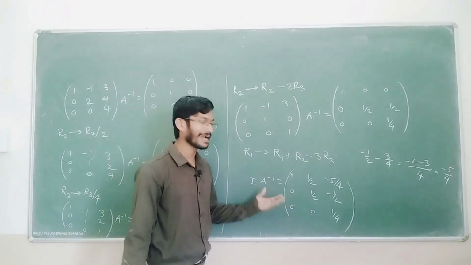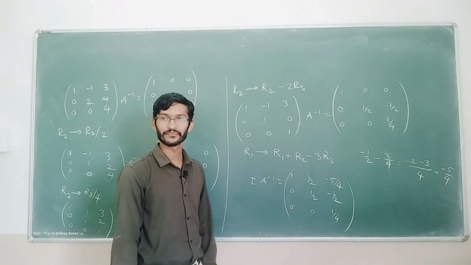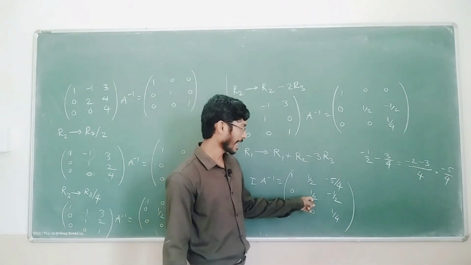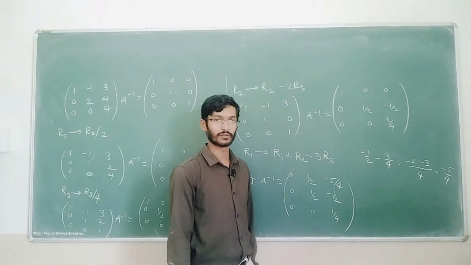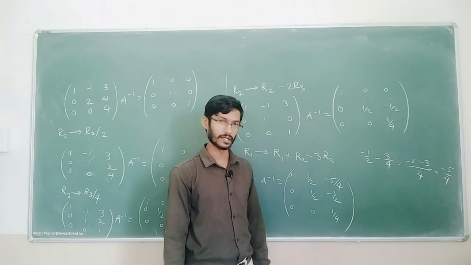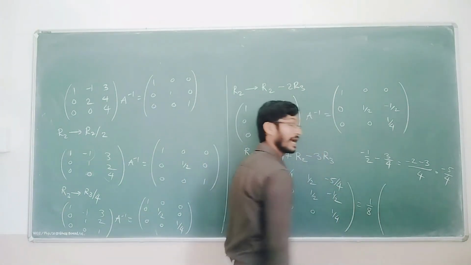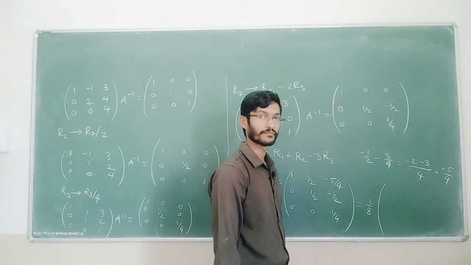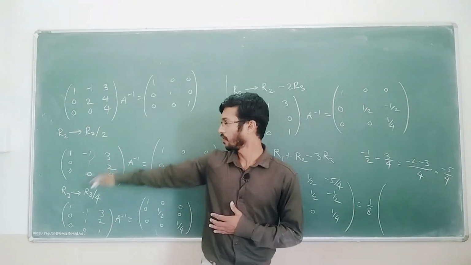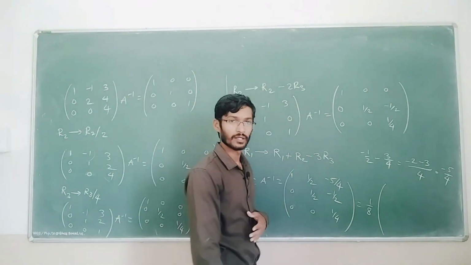Now can you see 1 by 8 in the denominator or as a common factor? You can understand. If I take 1 by 2 and 1 by 4 common, 1 by 2 into 1 by 4, that is 1 by 8. So if I take 1 by 8 common, and you should remember that, we can also take 4 common, but I know I have to take 8 common because 8 is my determinant.